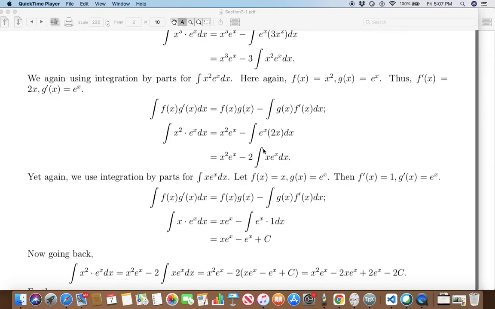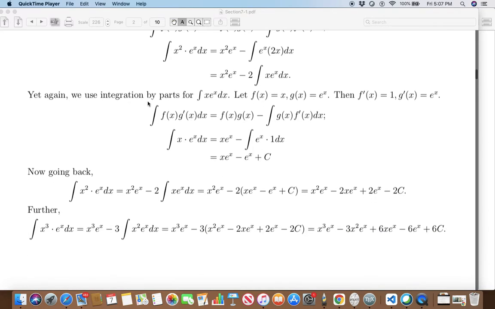find its integral. Again, we use integration by parts. So now x be f, g be e to the x, f prime is 1, g prime is e to the x.